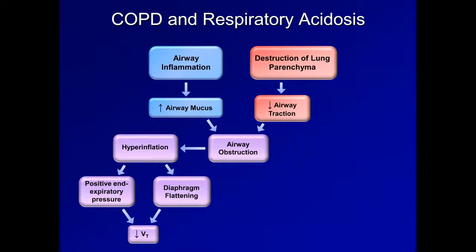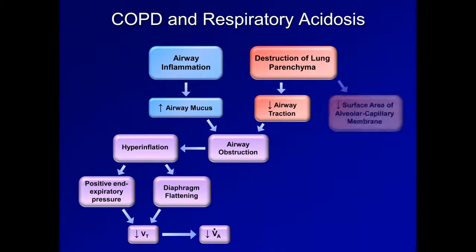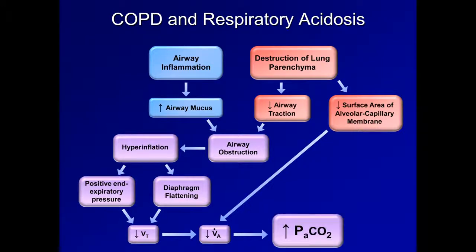Incomplete compensation for low tidal volumes necessarily means decreased alveolar ventilation. The destruction of lung parenchyma, mentioned earlier, also leads to decreased surface area of the alveolar capillary membrane, which can directly contribute to decreased alveolar ventilation by increasing dead space. Lower alveolar ventilation, as we know from the alveolar ventilation equation, must result in higher PaCO2.